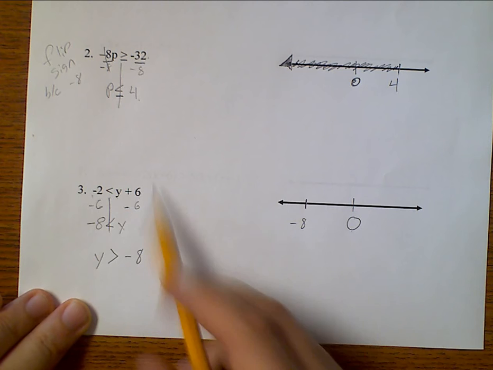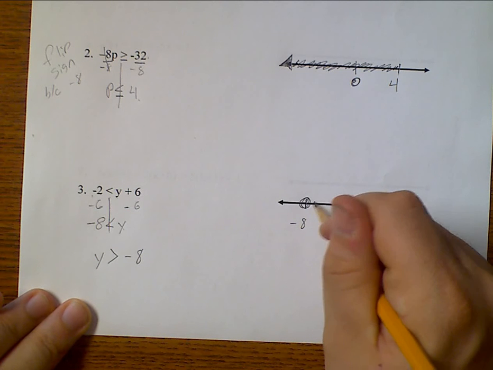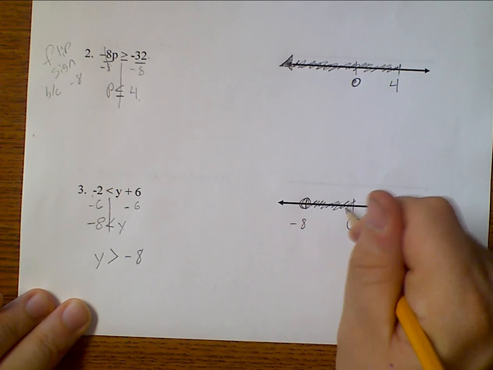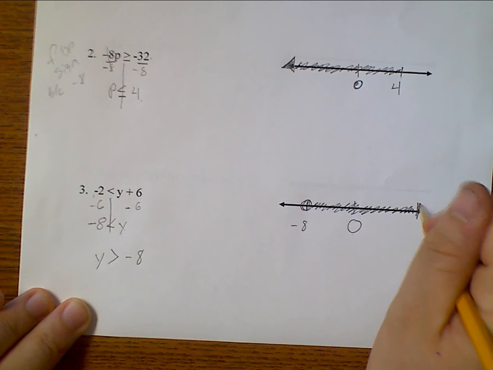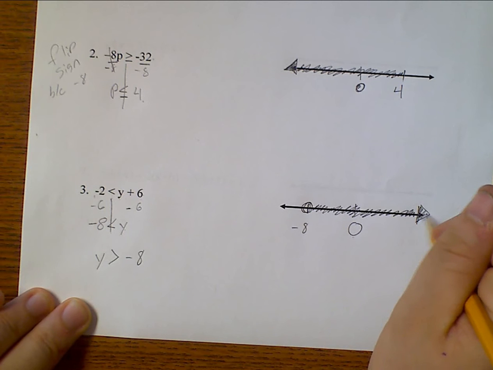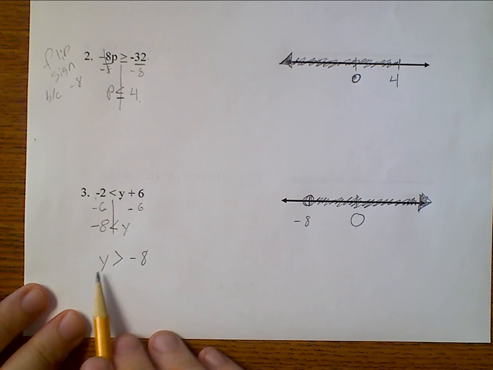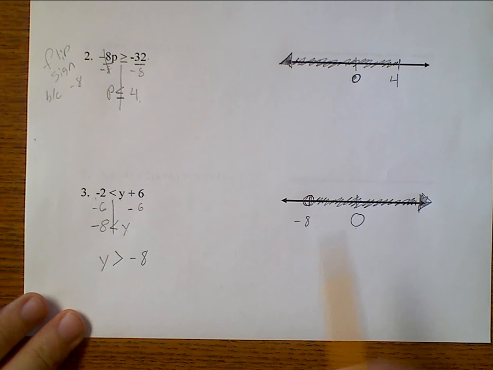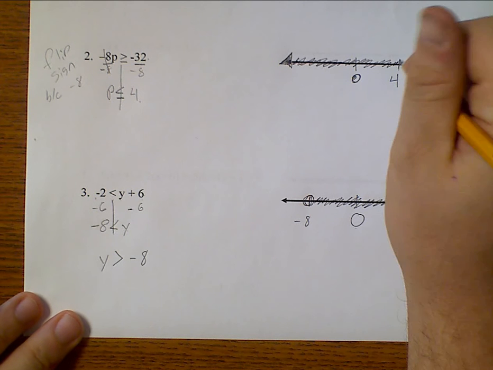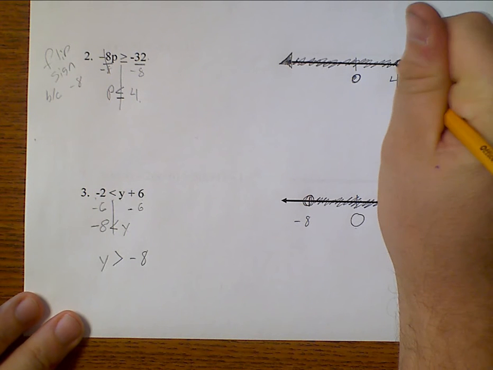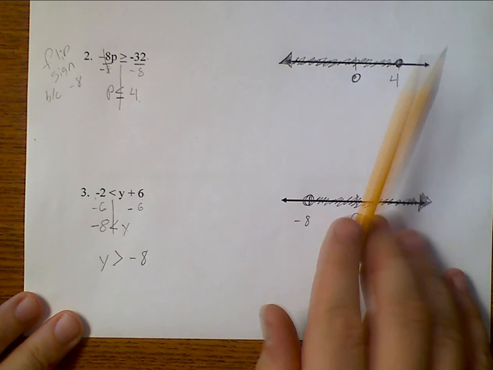All three of these, I'm shading towards 0, just so I'm making sure I didn't make a mistake in my math earlier. Now, this is an open circle because this does not have an equals bar. The earlier one was closed because it did.